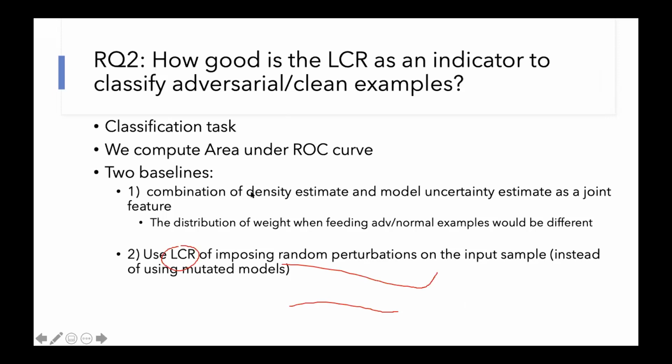I think these two baselines answer different questions, right? The first baseline didn't use LCR, but it can achieve the classification. So maybe you can explain more about what the density estimate and the model uncertainty estimation are.